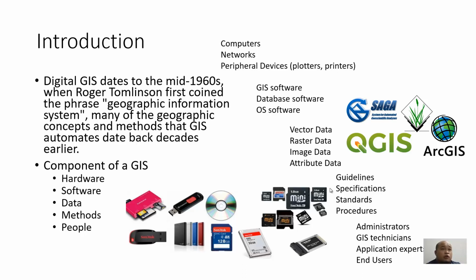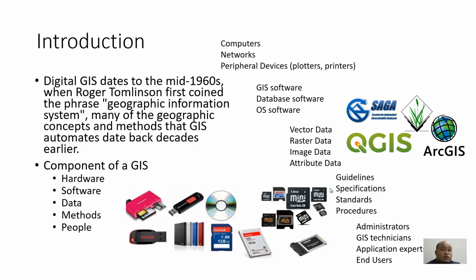Let's say for noise studies, we need to have standards that were produced by the Department of Environment on noise. From those standards, we can produce a map based on the classes of decibels provided by the DOE of Malaysia.